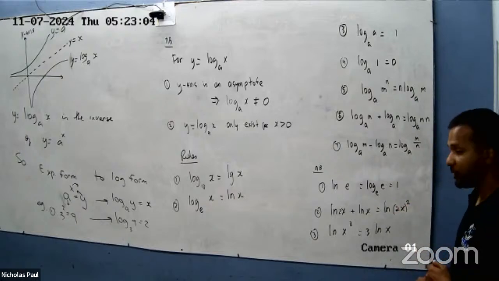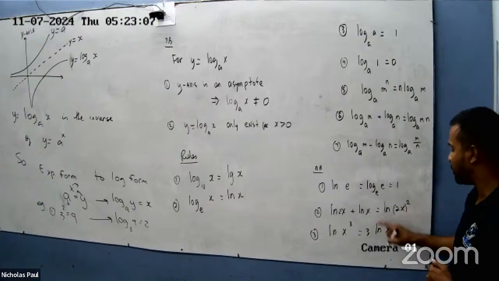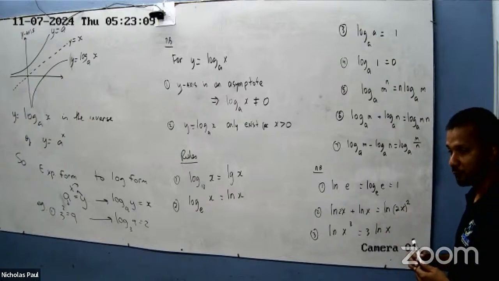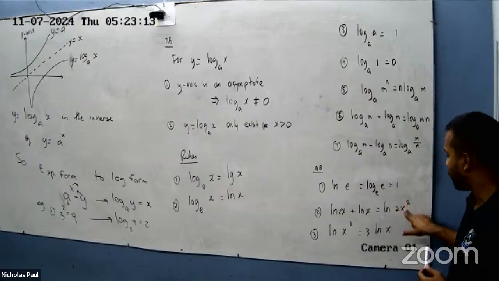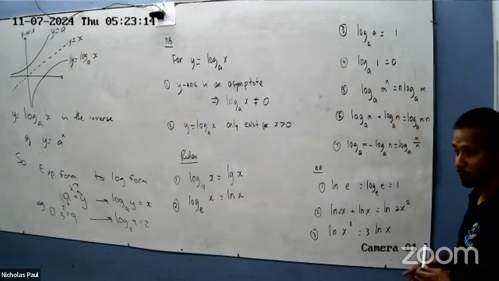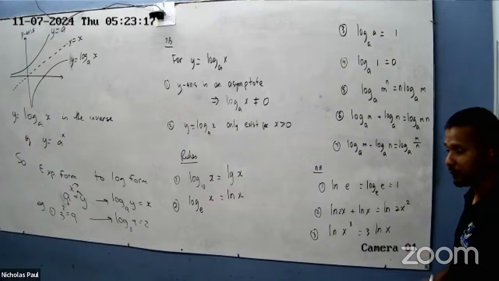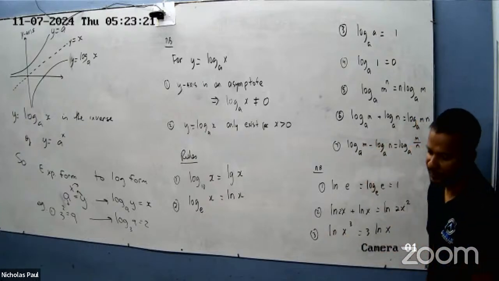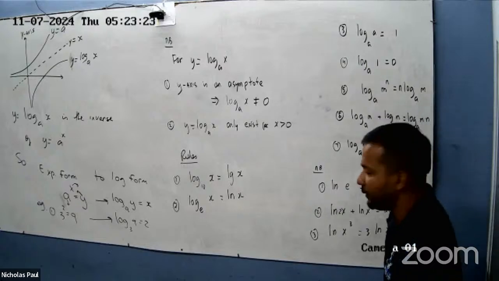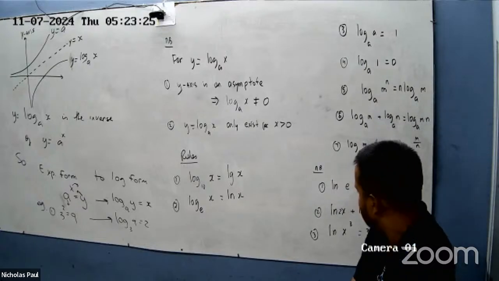If it was like that, then I can bring the 2 in front. So that's the only time that I can use the power rule. Okay with that? And one more rule that's new, the change of base formula. Where's that?